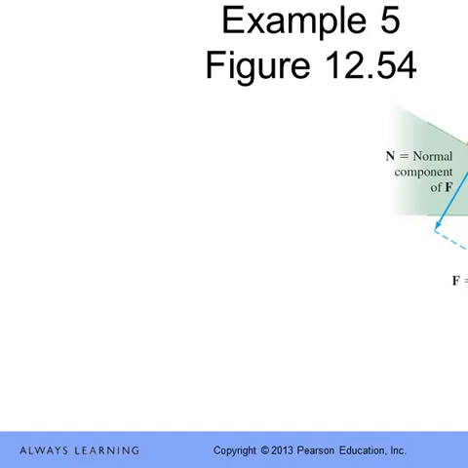So now, V will be cosine 30 degrees, comma, negative sine 30 degrees.